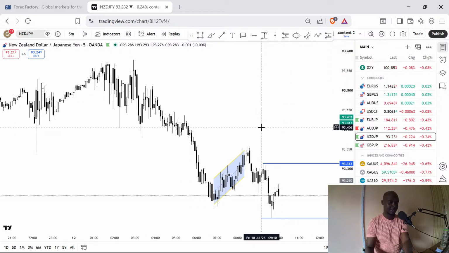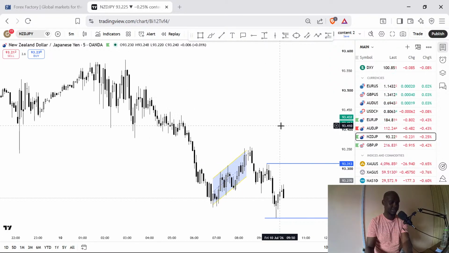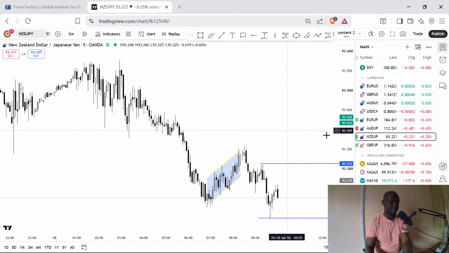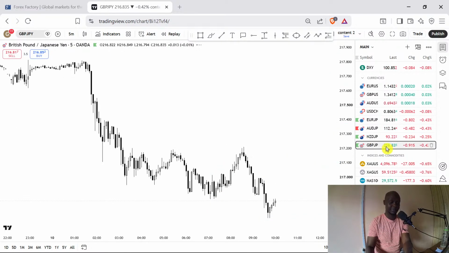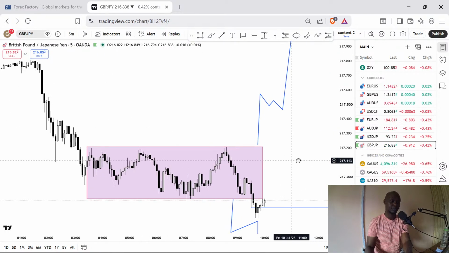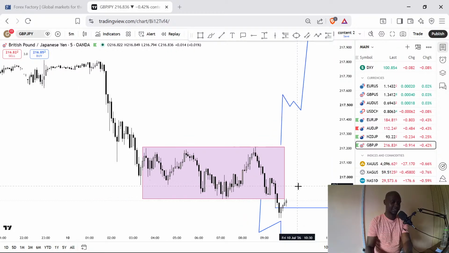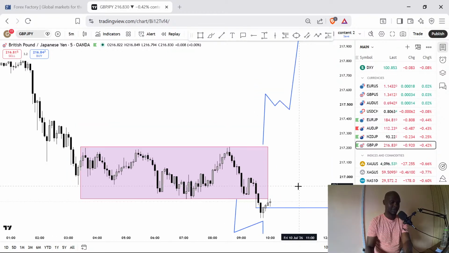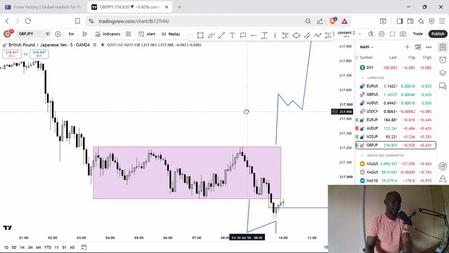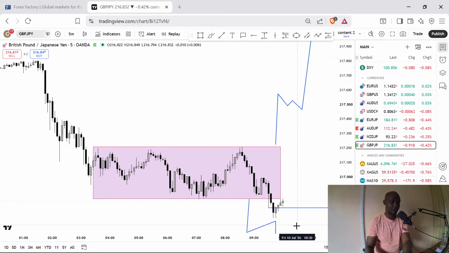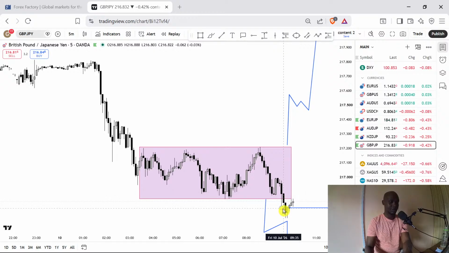So right now my bias on the yen pairs is longs on the 5-minute time frame. With GBP/JPY, I'm still waiting to see if we can break outside of this consolidation to the upside. I'll be looking to take longs, but we've also broken to the downside, though not with a lot of conviction.